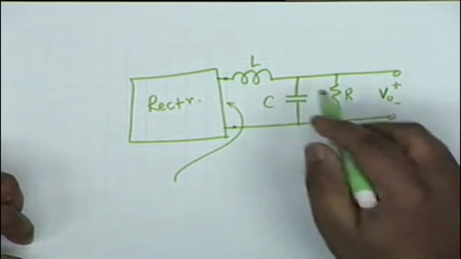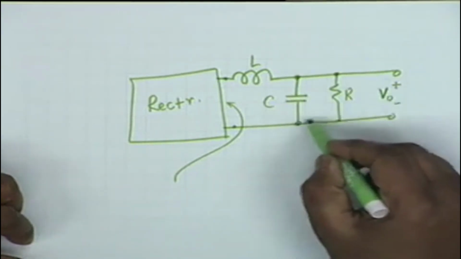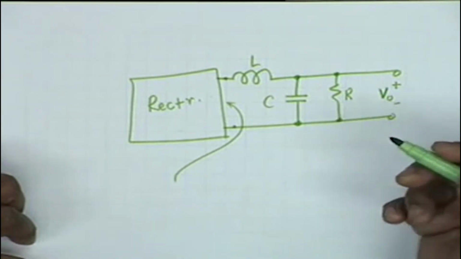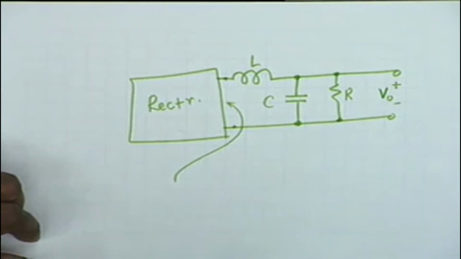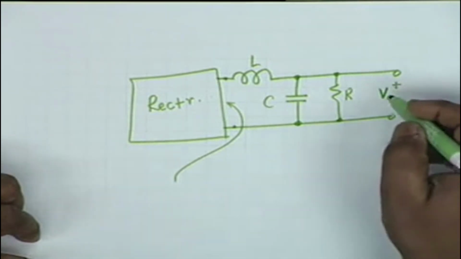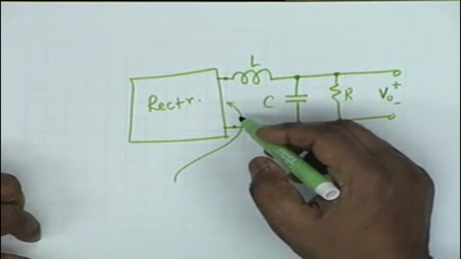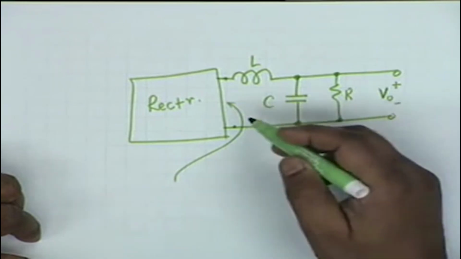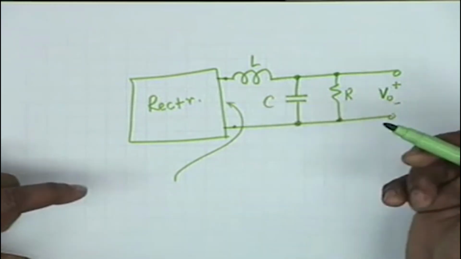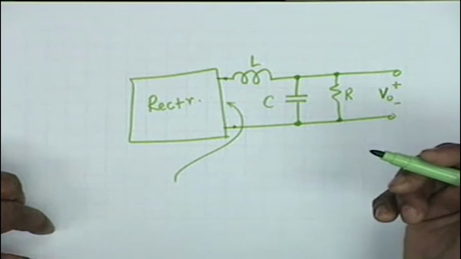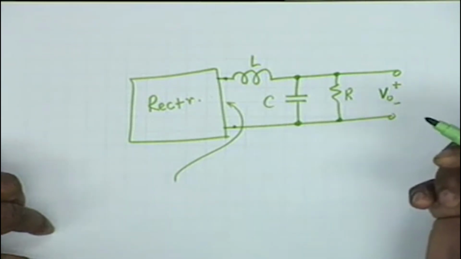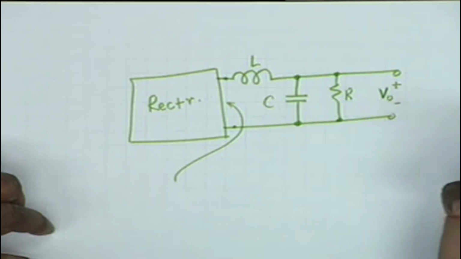Unfortunately, the filter cannot reduce the ripple, or the AC component, to 0, but it reduces it substantially. The measure of performance is ripple factor at the output and ripple factor at the input. The ripple factor at the output should be much less than the ripple factor at the input. By definition, ripple factor is the ratio of the RMS value of the AC component divided by the DC or average value.